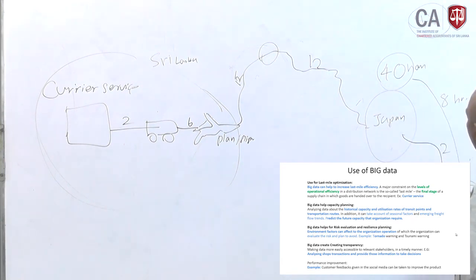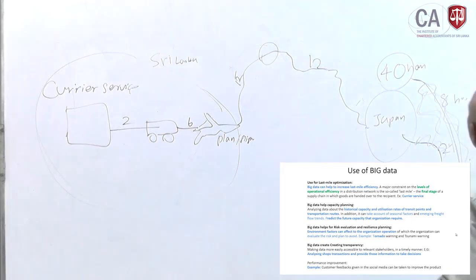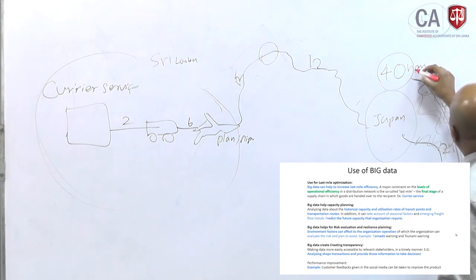Let us say due to a disaster or something like that, what will happen? This is the last mile that you are going to achieve, but you cannot achieve it. But you get the detail through the big data: okay, there is a flooding area here, so you cannot go this route. Then you will identify a different route, right?